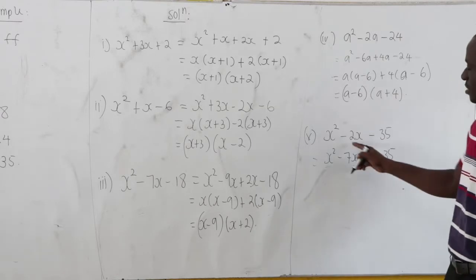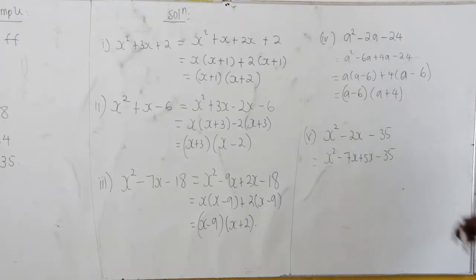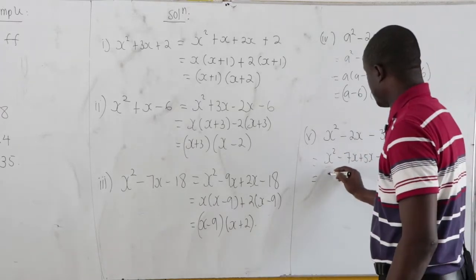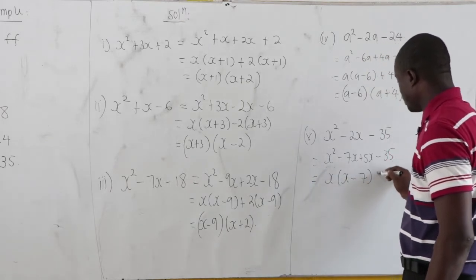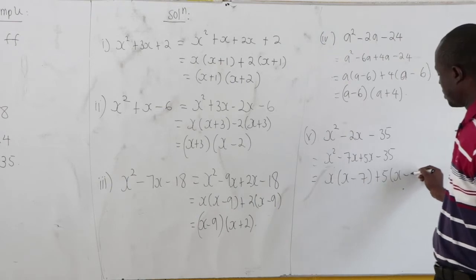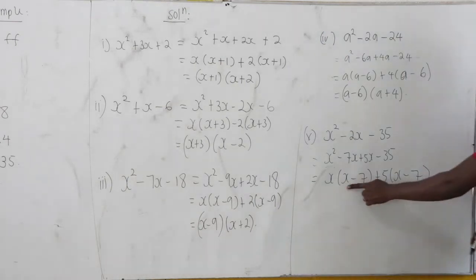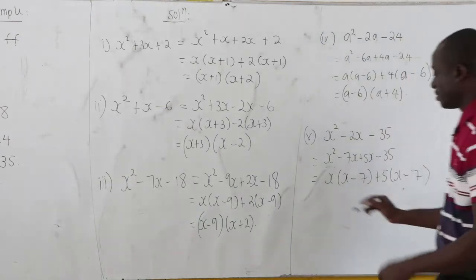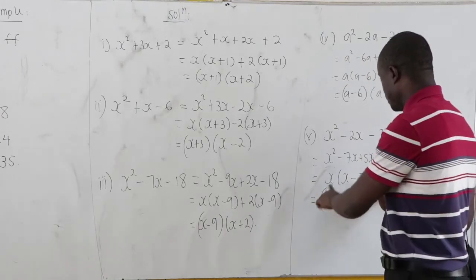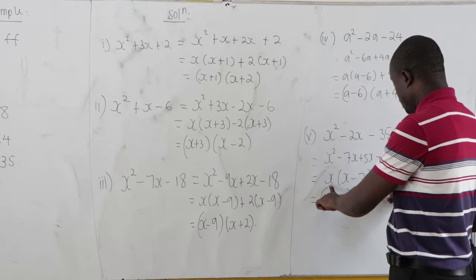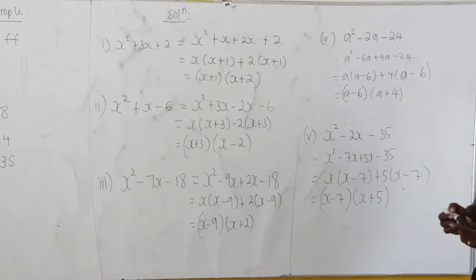Negative 7x plus 5x, we get negative 2x. When you multiply, that will be negative 35. So clearly, this will give us x. We have x minus 7 and plus 5 out, x minus 7 out. Factorize it out. So you have x minus 7 out. What is left here? We have x plus 5.